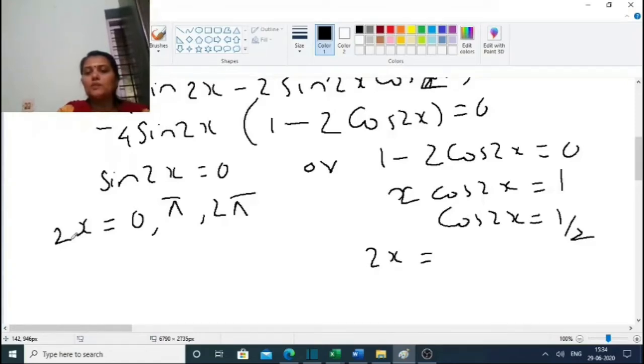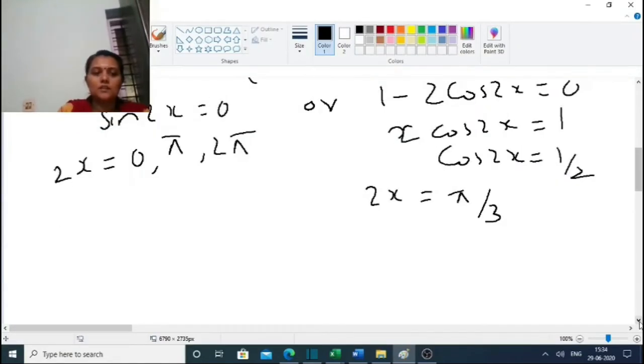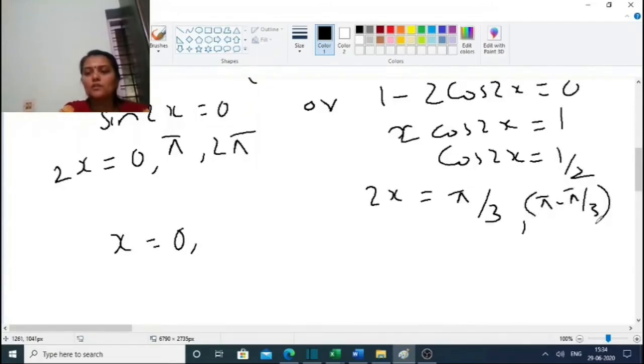Here 2x is equal to pi by 3. So the x values are x equal to 0, pi by 3 and pi minus pi by 3. The fourth quadrant also has one point, that is 5 pi by 3.